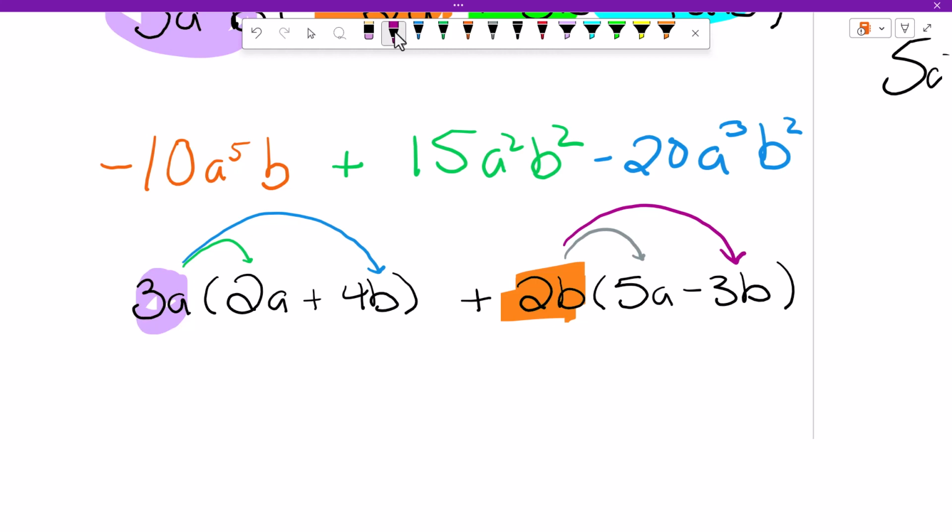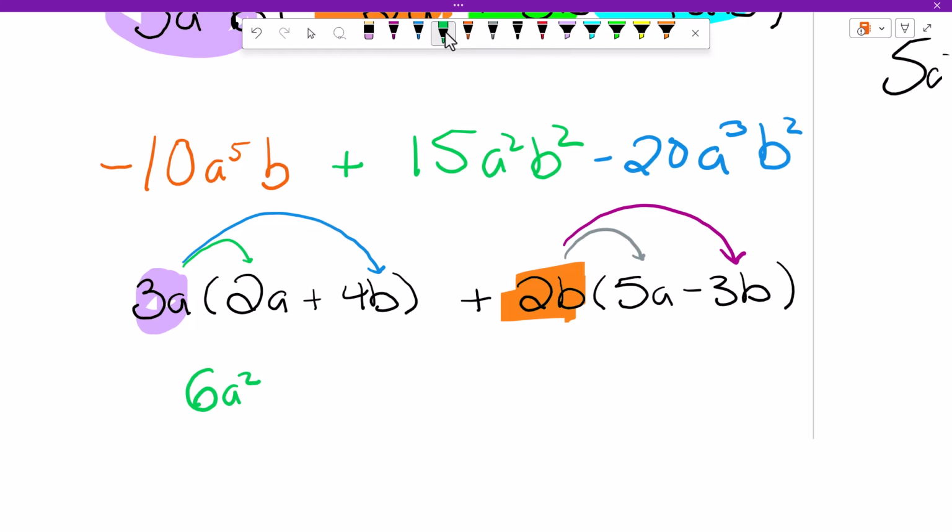The first one, the green arrow here, the 3a times the 2a. Now you can do this with t-charts as well. You just have to do 2 of those t-charts. The 3a times 2a, what do we get? 6. 3 times 2 is 6. And what about the a's? A squared. We move on to the blue arrow.